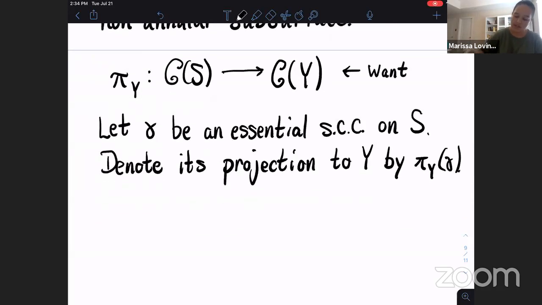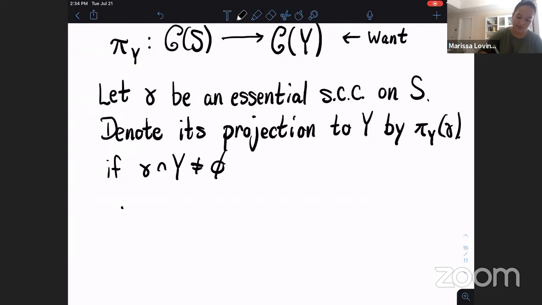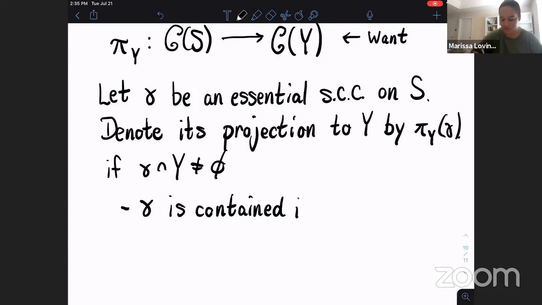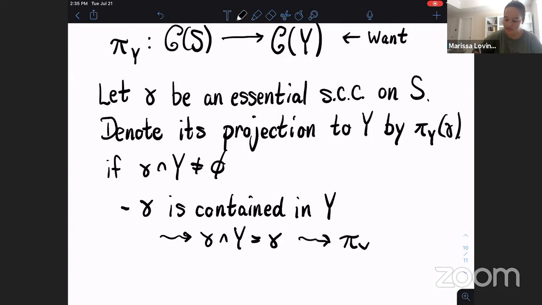So how am I going to define this? If gamma actually intersects my subsurface, then we have two options. Either gamma is contained in my subsurface Y, in which case our job is pretty easy. That means gamma intersect Y is just equal to gamma, and so we can just define this projection to be our entire curve gamma.